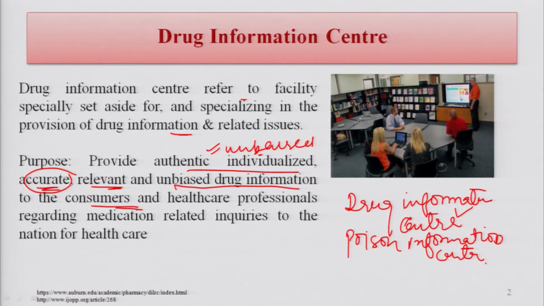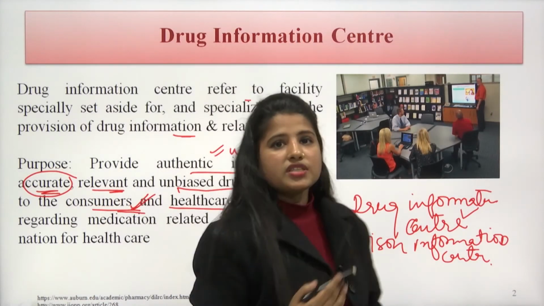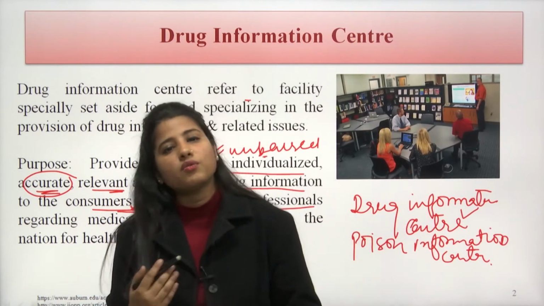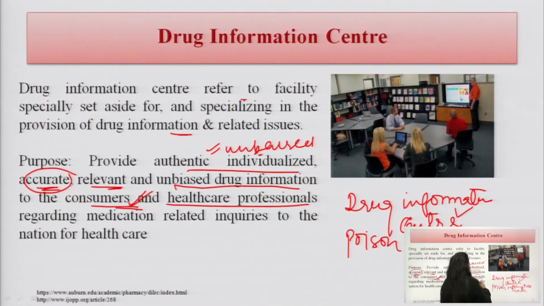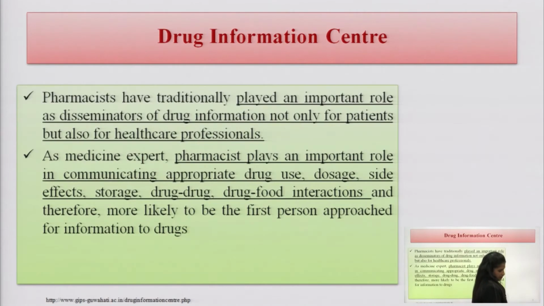Anyone who wants information related to a drug can go to the drug information center. Healthcare professionals, such as a physician, nurse, or pharmacist, can also go there and ask their queries. This is the main purpose for which there is a drug information center.